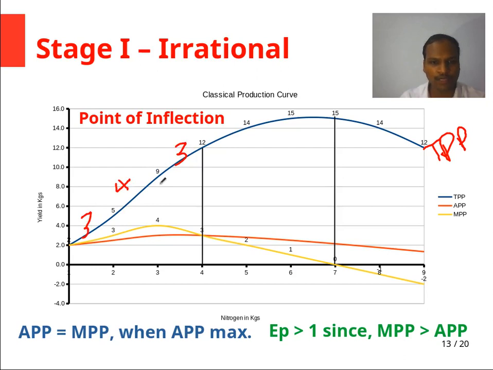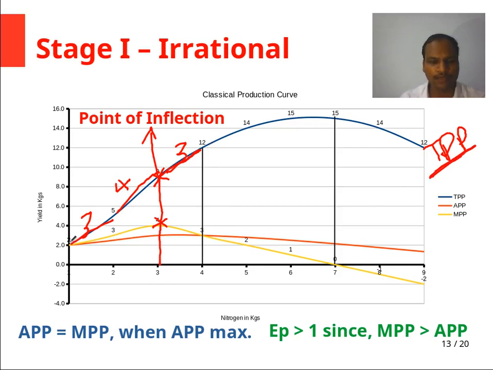Up to this point, called the point of inflection, TPP is increasing at an increasing rate. After this it increases but at a decreasing rate. So this is the nature of the TPP curve.